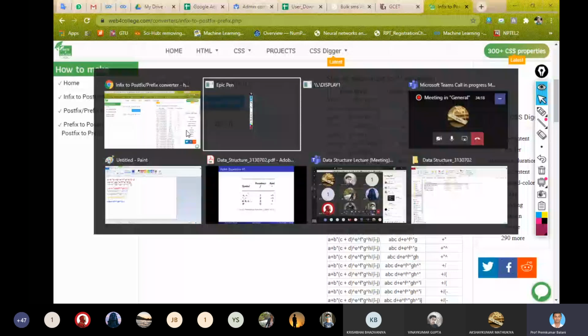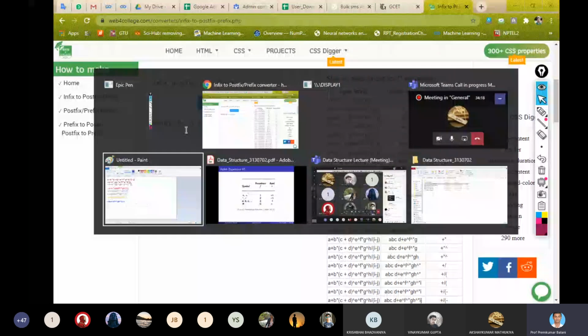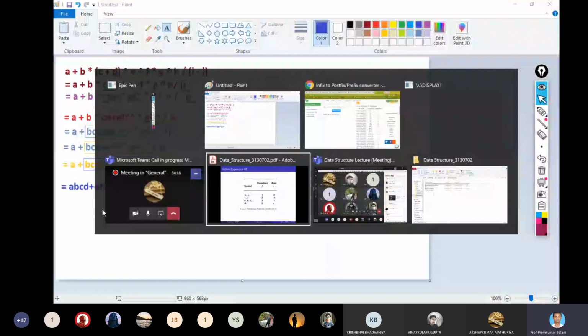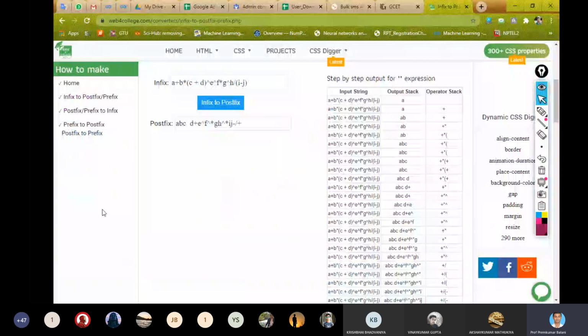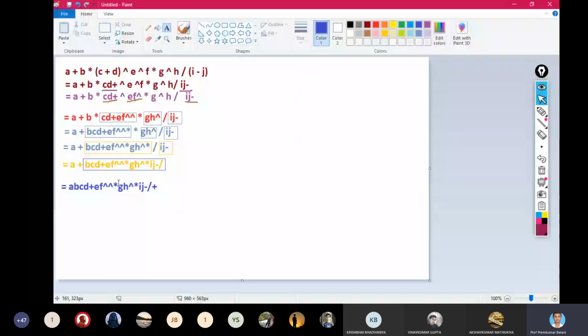A B C D plus E, A B C D plus E F. Here we have raised to because we have considered right associativity.